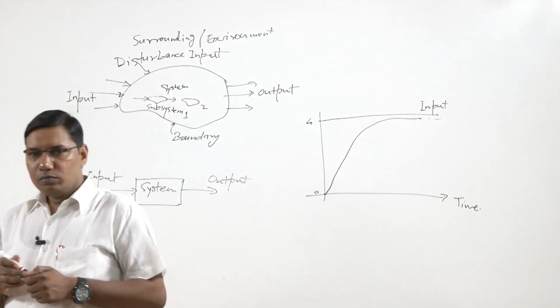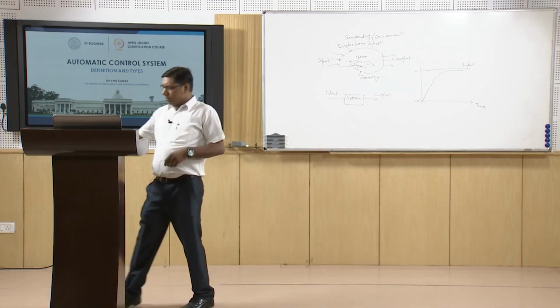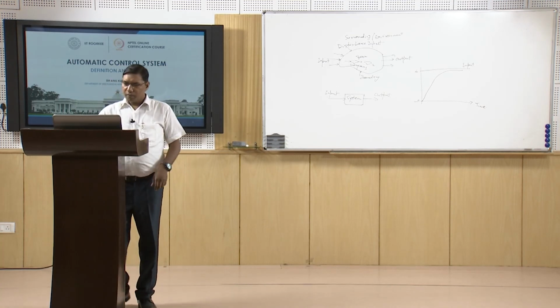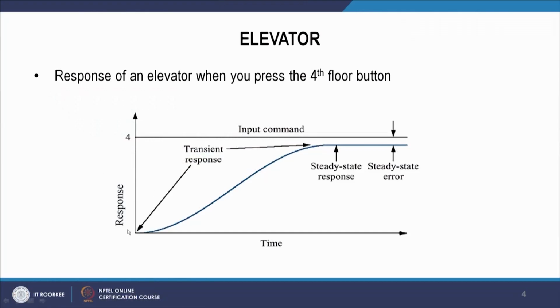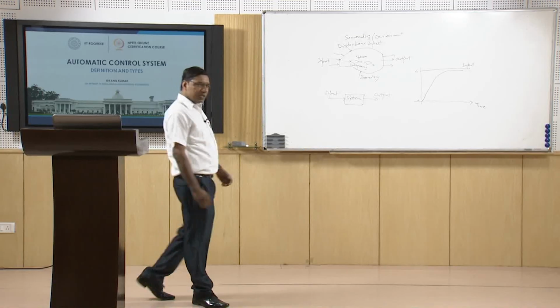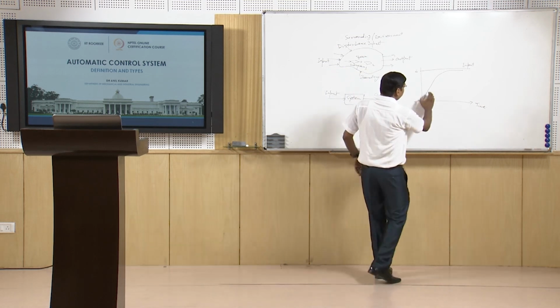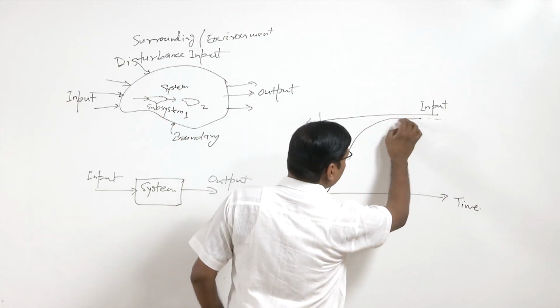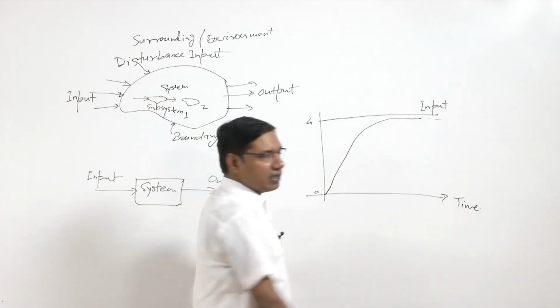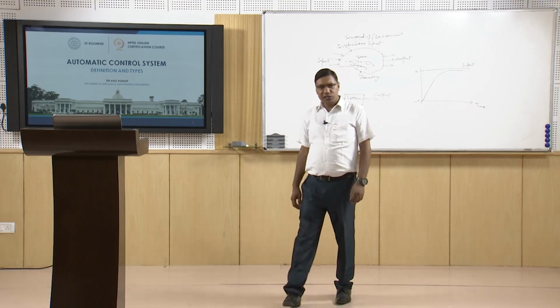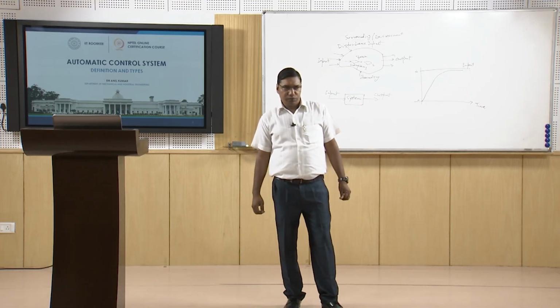Now, you can see from this diagram that this initial part of the response is the transient response. Transient response means it is a time varying response. Here it is varied with time. After this point, it is going to be constant, and this is called steady state response.